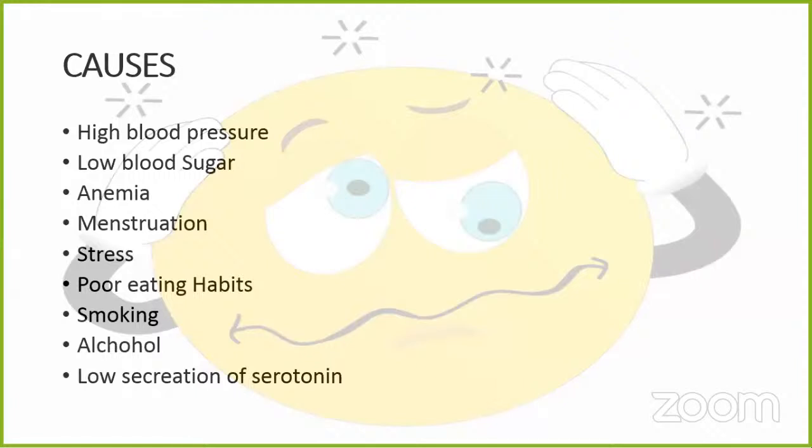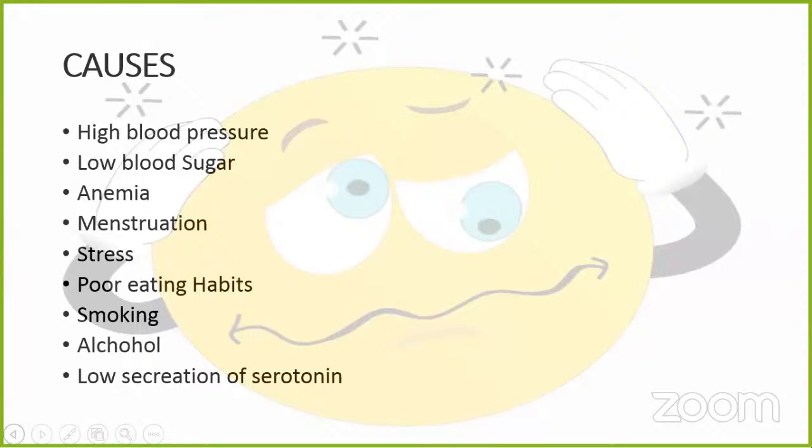And when it comes to diet, delayed food, dehydration, alcohol intake, caffeine intake like coffee or tea could trigger a migraine attack. Again, it differs from person to person. For some, caffeine could be the trigger. For some, stress or anxiety could be the trigger.